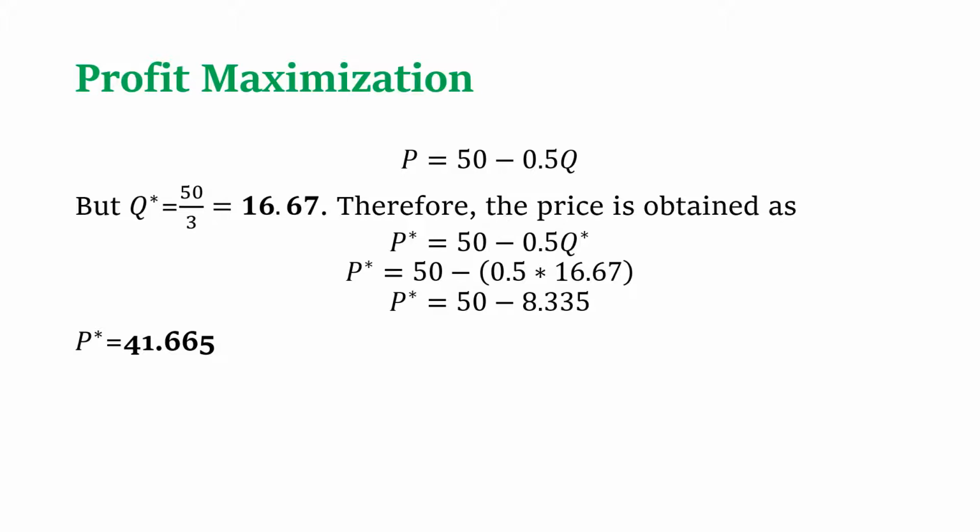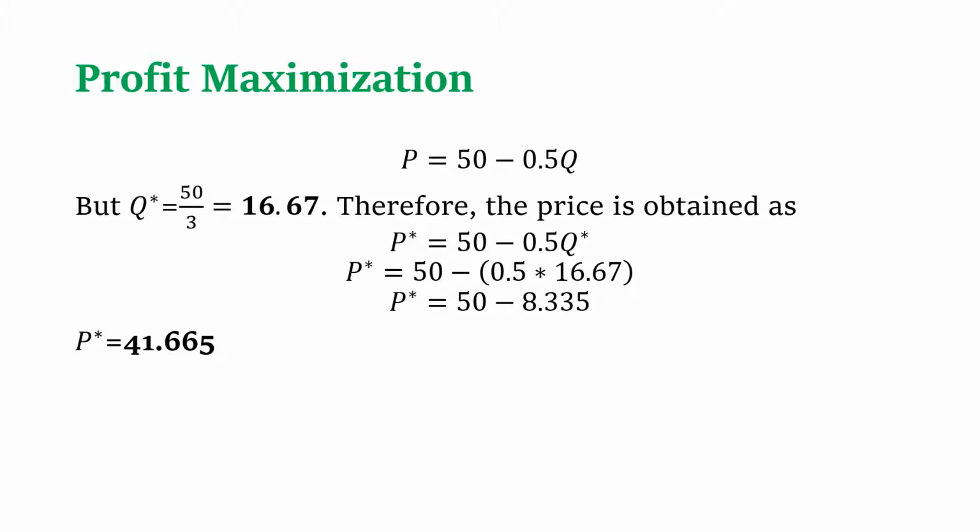But what is Q star? It is 16.67, right? You multiply by 0.5, and that gives you 8.335. 50 minus 8.335, and the answer is 41.665.